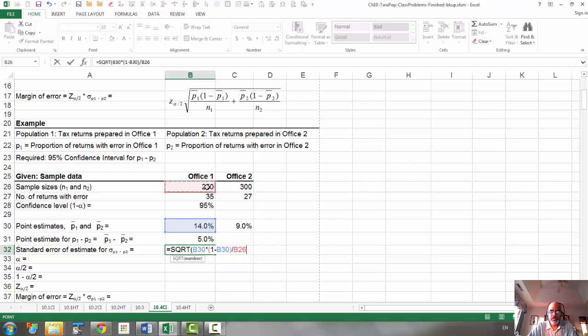And then add to that, and since multiplication and division have a higher precedence, this is okay. This will be computed, then only the addition will take place. Then P sub 2 times 1 minus P sub 2 divided by n sub 2. Now close the parenthesis and make sure that you have the proper number of parentheses, and that's our standard error.